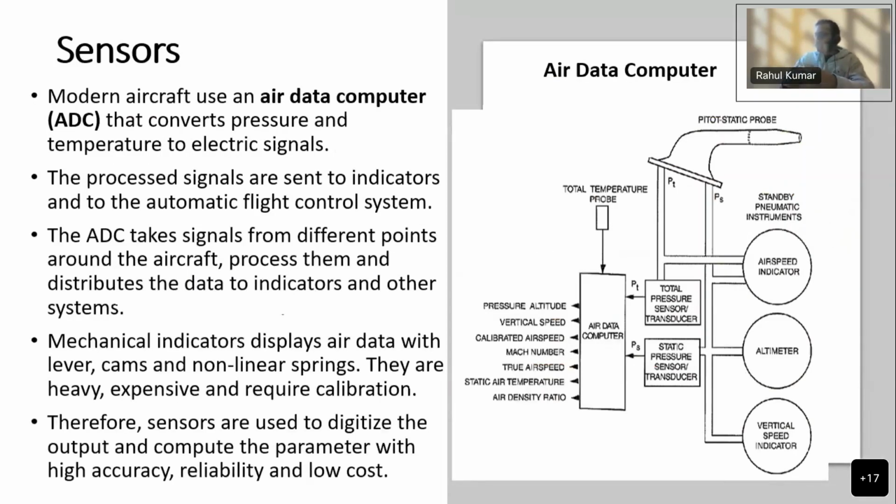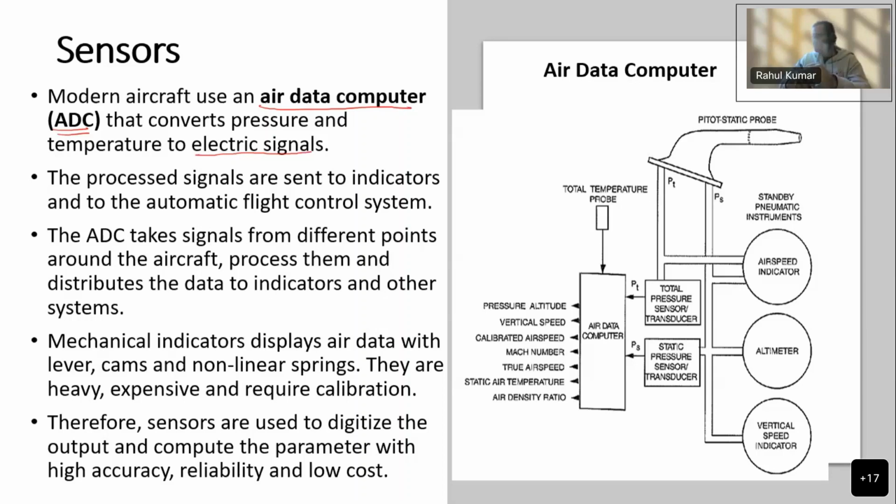Now, modern aircraft use a computer which is called the air data computer. This air data computer, or ADC in short, converts pressure and temperature into electrical signal.